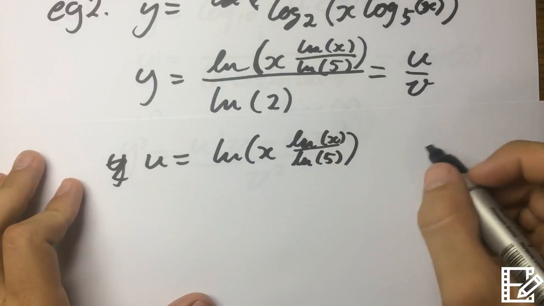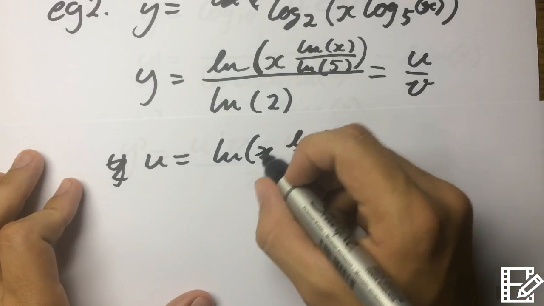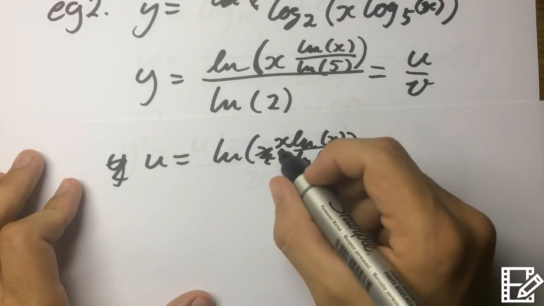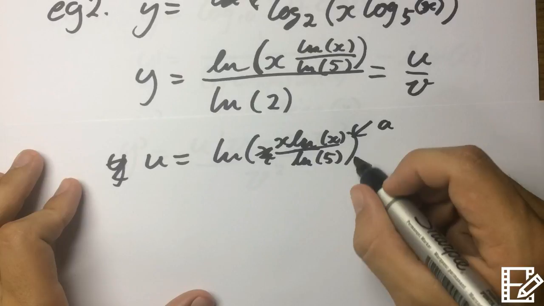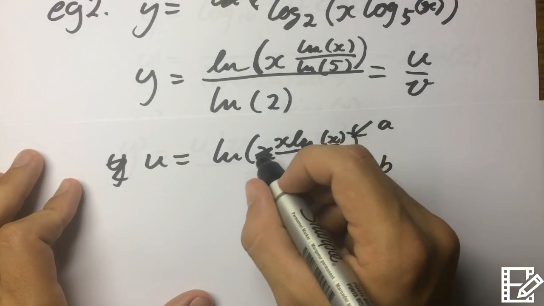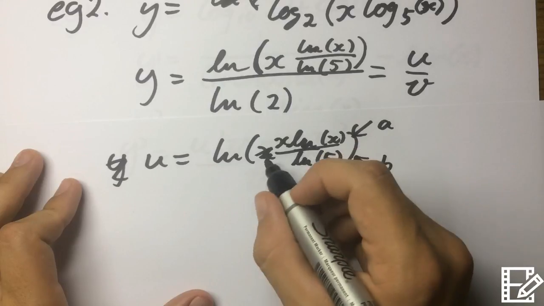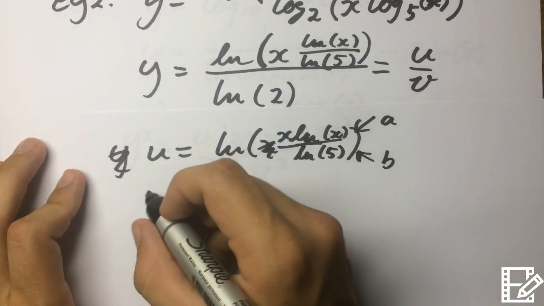Okay, let's do the derivative. First, we're going to scratch this out and multiply it onto the top. This top half will be a, and this bottom half will be b. All I did there was take it from being on the outside and multiply it on top because it's still multiplied. So the bottom is b, the top is a.